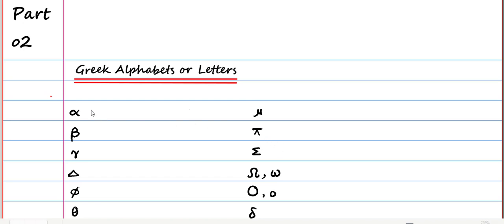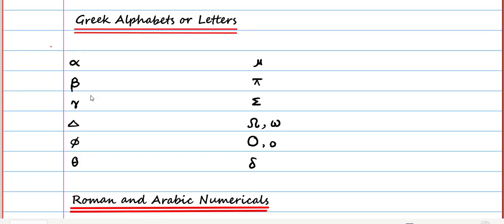What does this Greek symbol mean? In our part 2, we are going to start with the Greek alphabets and letters. This means alpha.